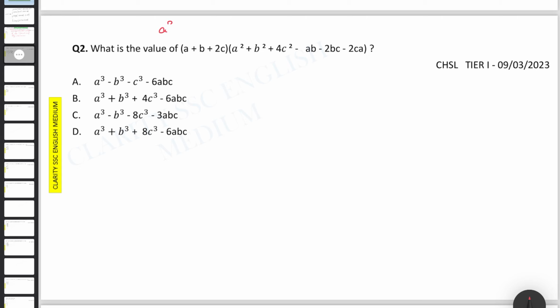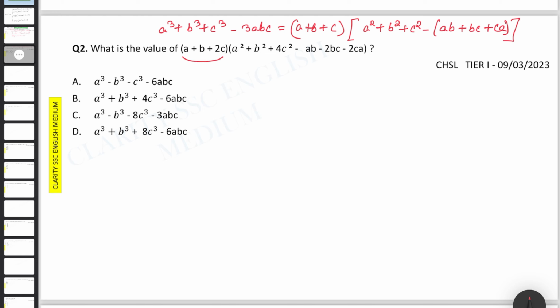Let me write the formula here. a cube plus b cube plus c cube minus 3abc is equal to a plus b plus c into a square plus b square plus c square minus ab plus bc plus ca. You can also open the bracket, whichever is convenient to you. Let me write here.